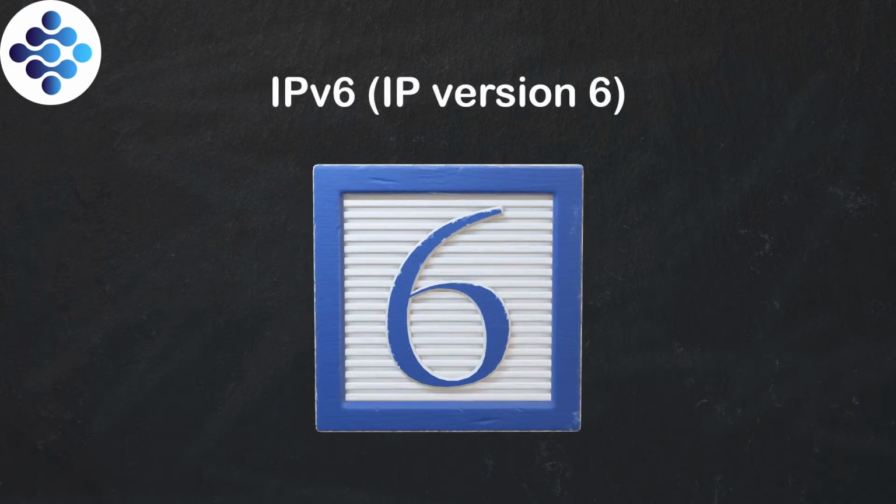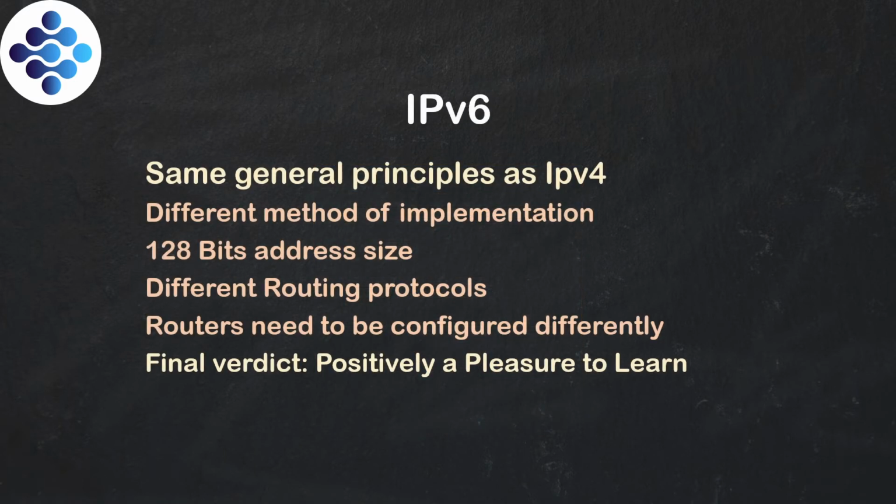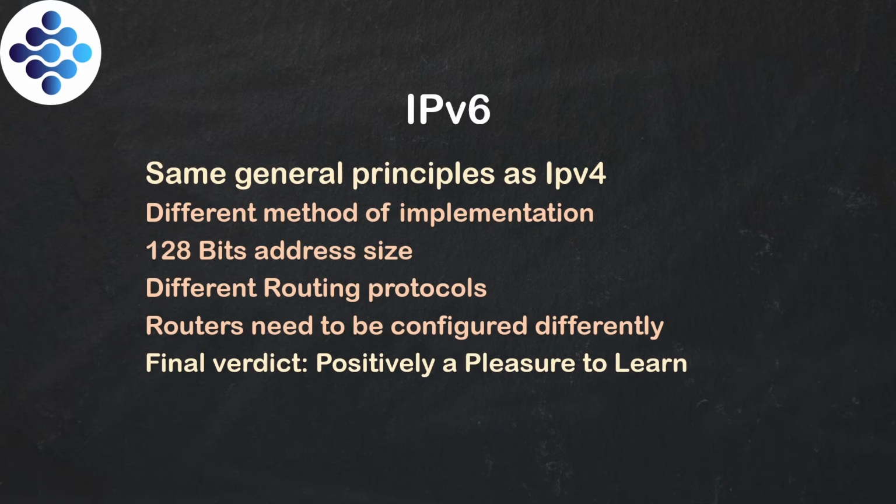Now IPv6 defines the same general function as IPv4, but with a different method of implementation. It has a 128 bit address size. Routing protocols are quite different, and routers need to be configured differently so that they match with the IPv6 protocols. But one final verdict is, positively, it's a great pleasure to learn IPv6.